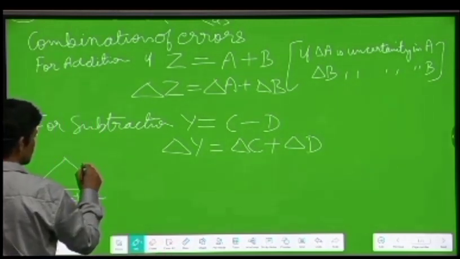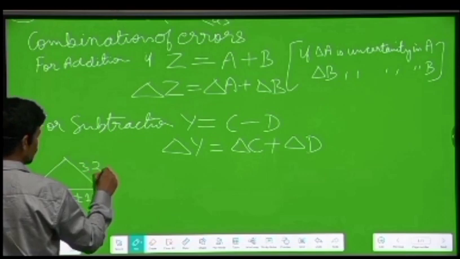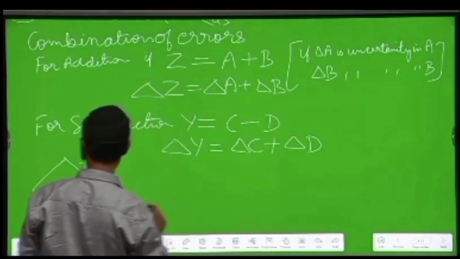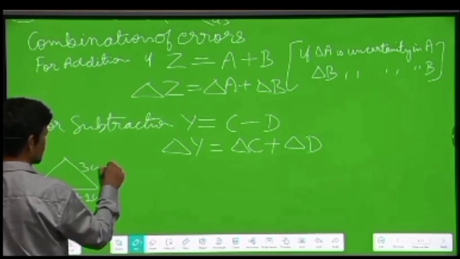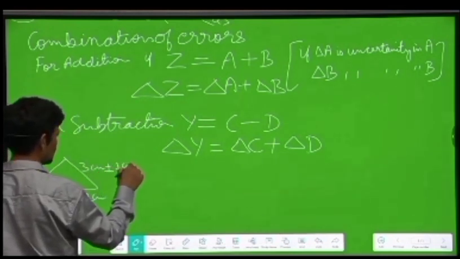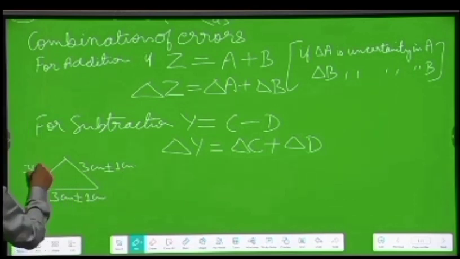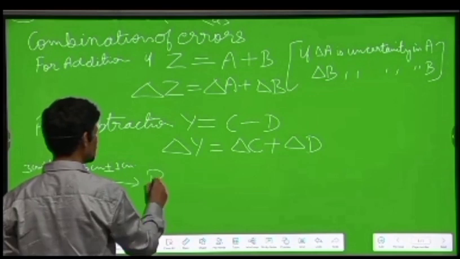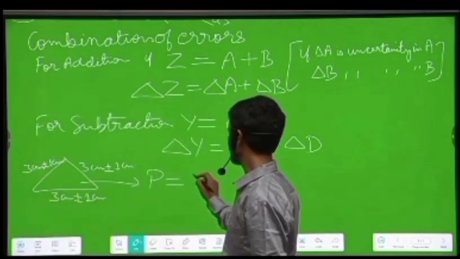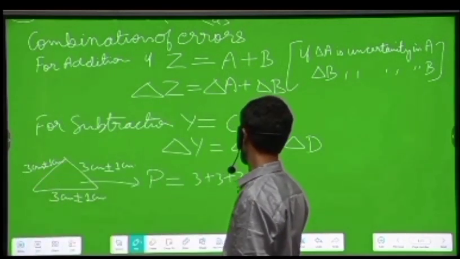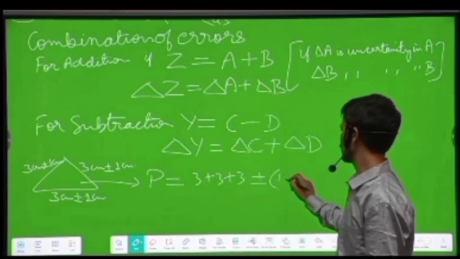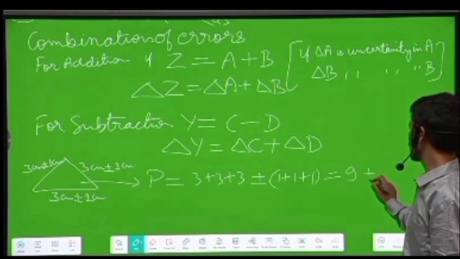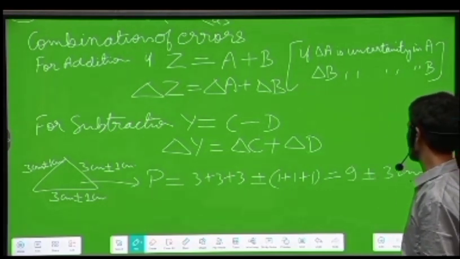And the other side, to save my time, I'm taking it also 3 centimeter plus minus 1 centimeter, and this also 3 centimeter plus minus 1 centimeter. Then its perimeter will be the sum of all of them, means 3 plus 3 plus 3, and then plus minus their errors 1 plus 1 plus 1. This is how we are going to report the answer, 9 plus minus 3 centimeter.